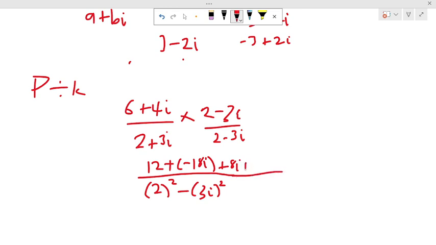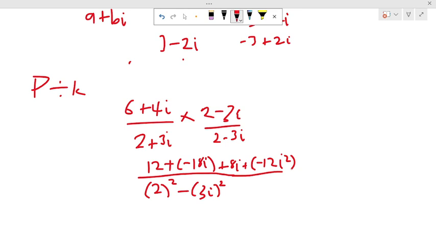Then plus 4i times minus 3i, for that we are going to get negative 12i squared.